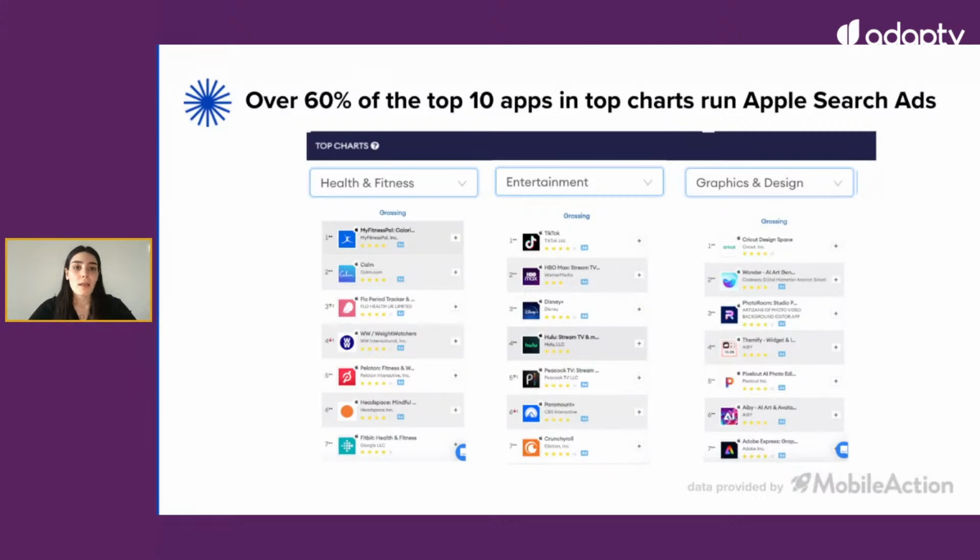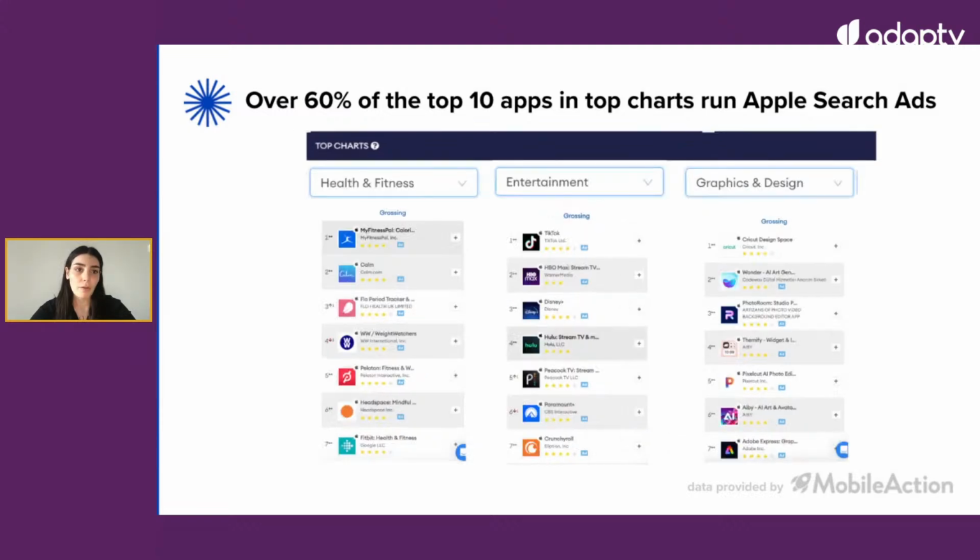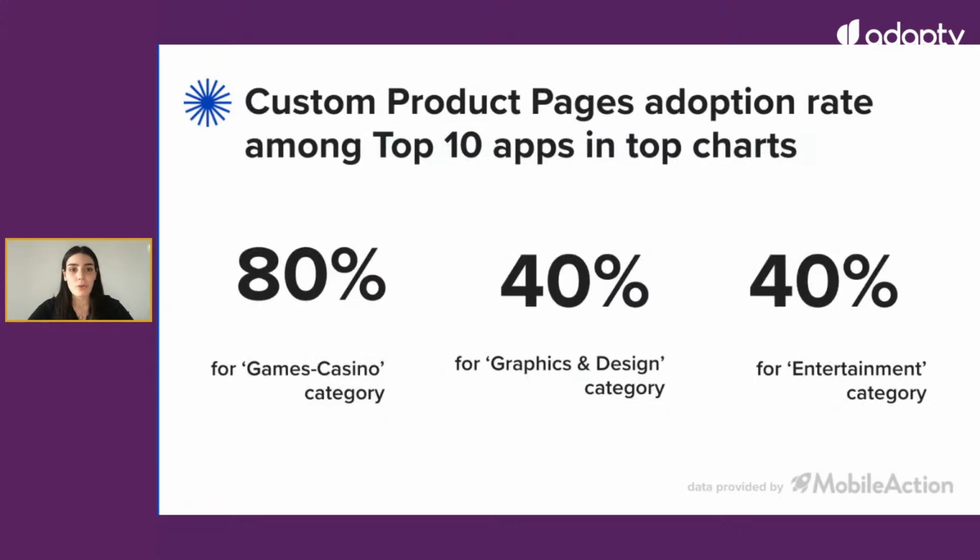So let's check the apps that lead the top charts in different categories. As you can see, we have 3 different categories, actually 4 different categories here if we include the breakdowns of the games genre. So 60% of these apps are currently running Apple Search Ads. And you may say, what does that have to do with custom product pages?